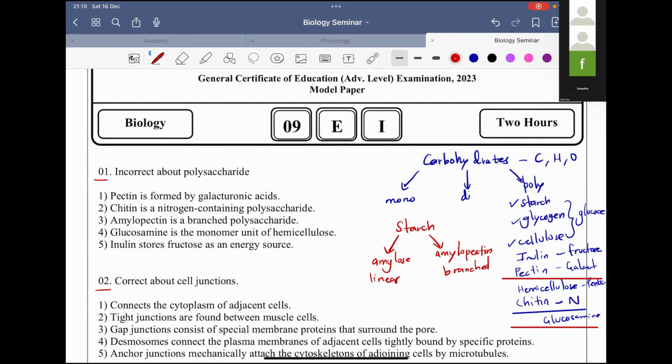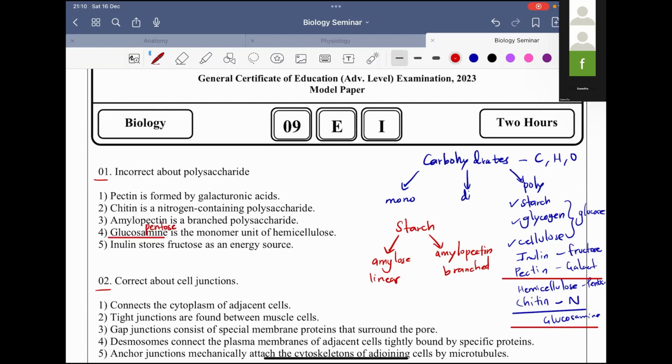Next, glucosamine is the monomer of hemicellulose. Here is the problem. Glucosamine is not the monomer of hemicellulose; pentose is the monomer of hemicellulose. Or you can say glucosamine is the monomer of chitin. So the fourth statement is false, the incorrect statement.